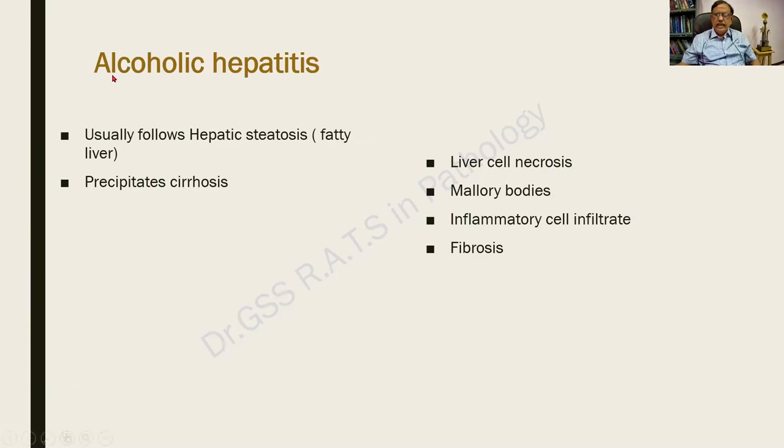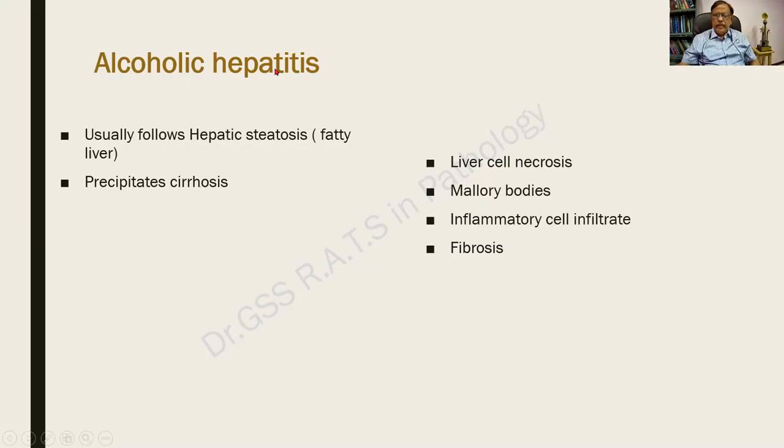There are three basic stages. One is the fatty liver, second one is alcoholic hepatitis, and the third one is cirrhosis. The alcoholic hepatitis usually follows the fatty liver as a sequence and it ends in cirrhosis.